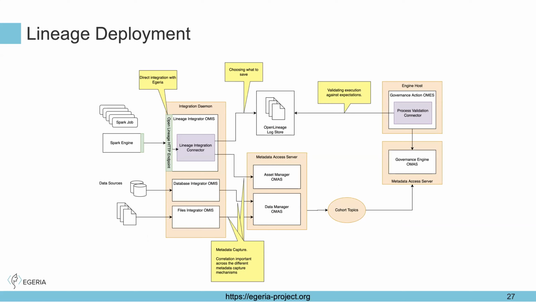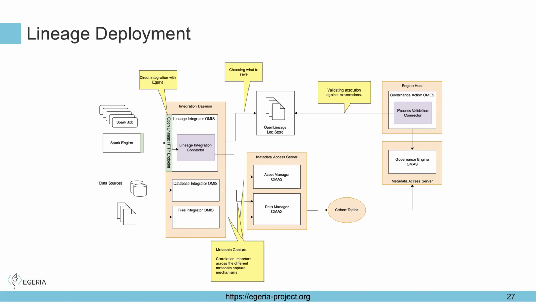Some events are more interesting than others, some jobs are more important than others, some data sets are obviously more significant. So the Lineage integration connector can filter, and choose what it's going to save to the file system, and what it's going to store as lineage metadata, which would then be distributed to the cohort and to the OpenLineage warehouse that I showed you earlier on. It can act as a decision point and filter for what happens to the OpenLineage.